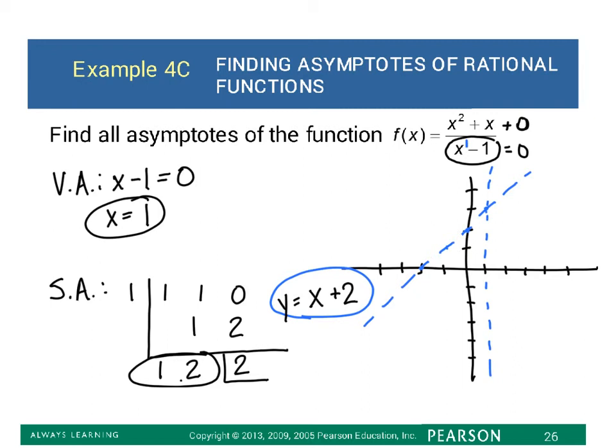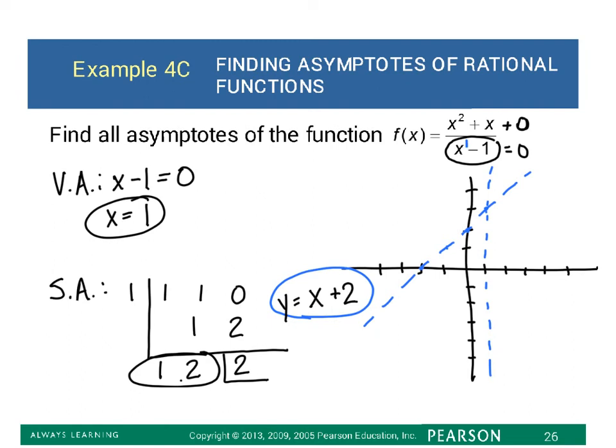So plug in values like x equals 0, plug in 0 for all your x values, and plug in -1 for all your x values. That'll give you 2 points in this vicinity of the graph. And then do the same on this side of the graph. Plug in 1.5 and 2 and 3 and 4 to find points to the left and right.